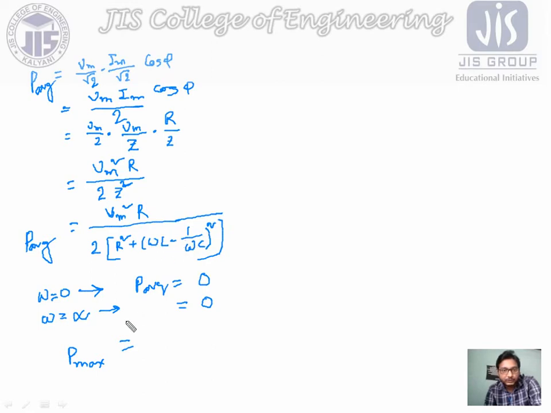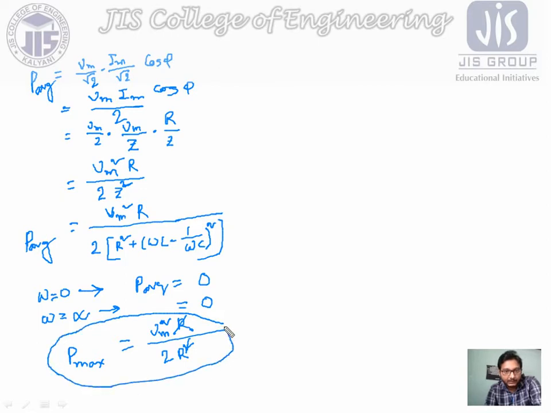So the maximum power will be Vm square into R divided by twice R square. If we cancel the R, that is Vm square divided by twice R.